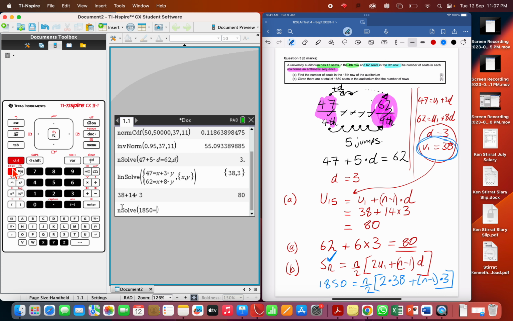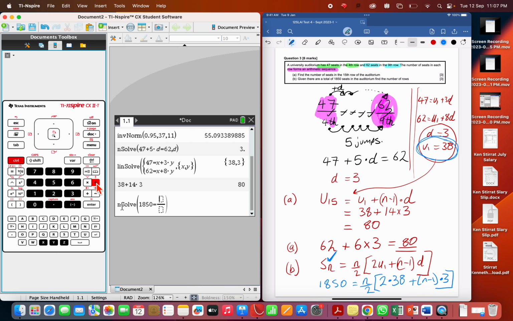Equals, fraction button, n divided by 2, times open bracket, 2 times 38 plus open bracket n minus 1 close bracket times the d. The d was 3. That looks pretty good.